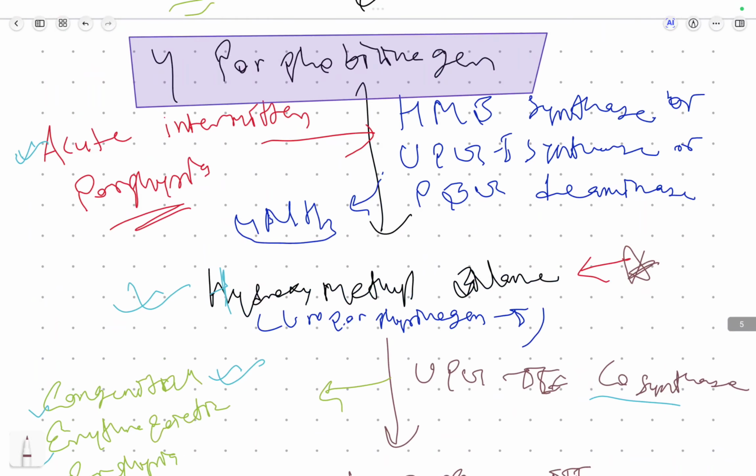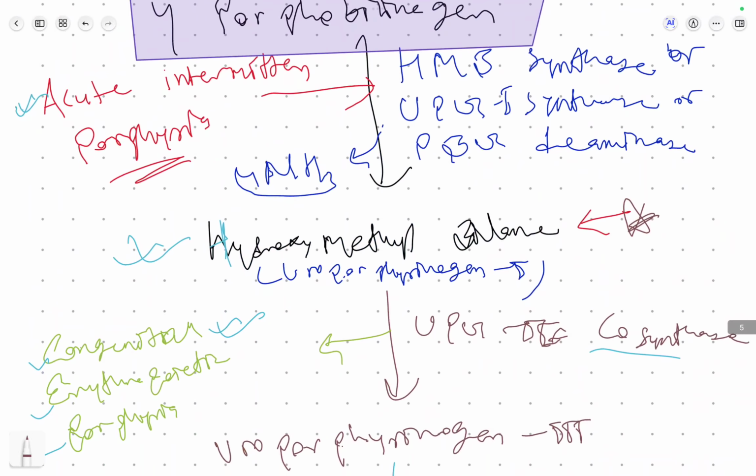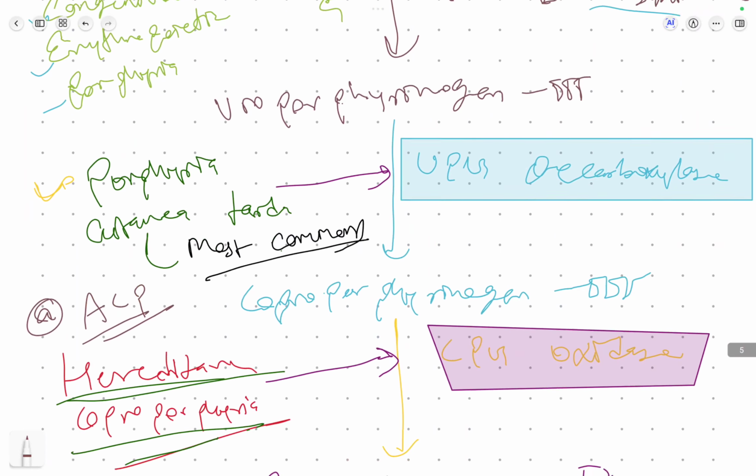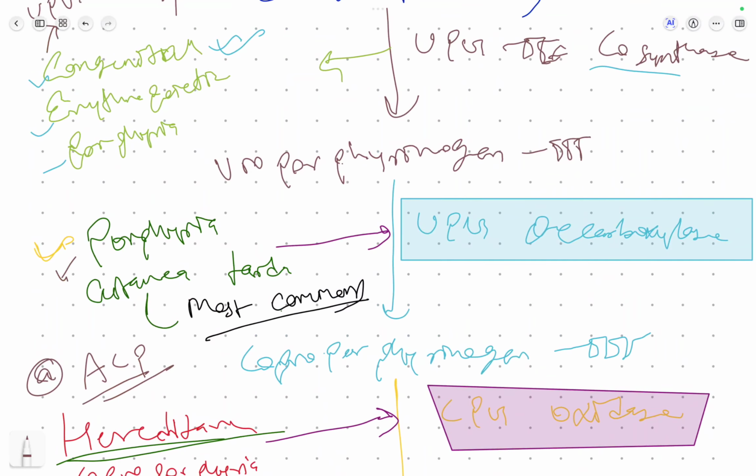The enzymes are also very easy. This one is due to UPG1 synthase deficiency, and the second one is due to UPG3 cosynthase deficiency, and this one is due to UPG decarboxylase deficiency.